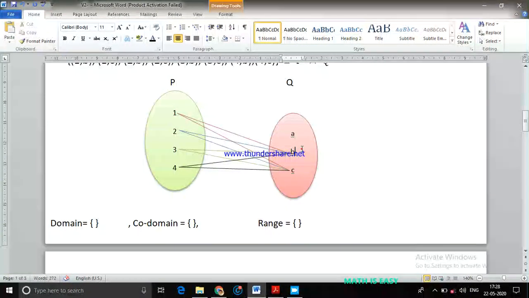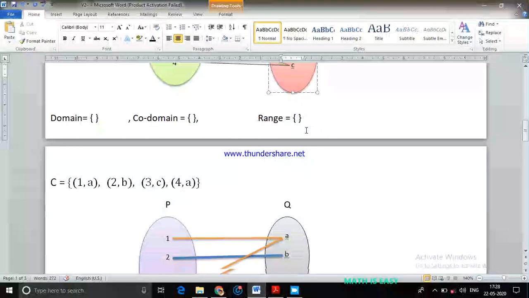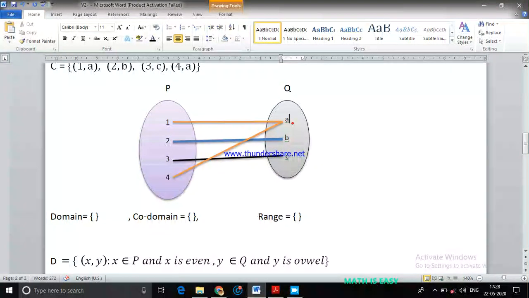And if I come here, B and C have a mapping with the elements of P, and in Q, A is the element of Q which has no mapping with elements of P. Okay. And here in C, each and every element of Q has a mapping with one or more elements of P. Okay, it may be like A has mapping from 2 elements, 1 and 4, and B has only one mapping from 2, and C has only one mapping from 3.